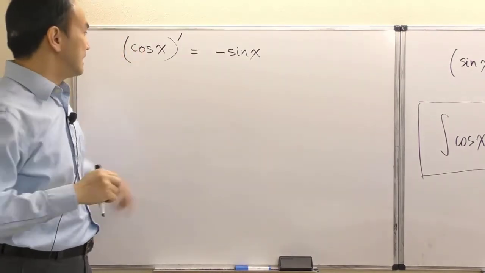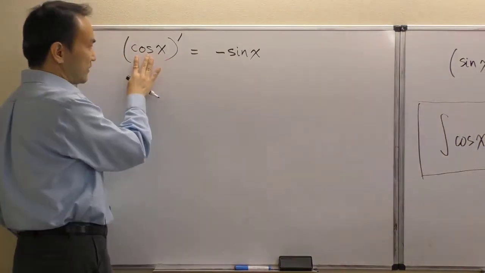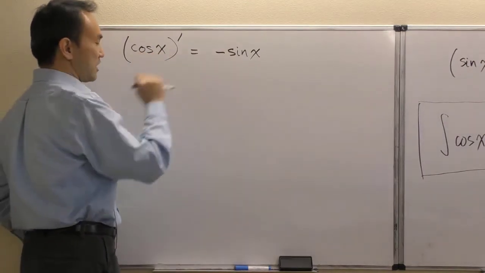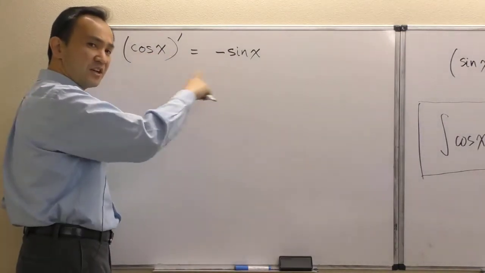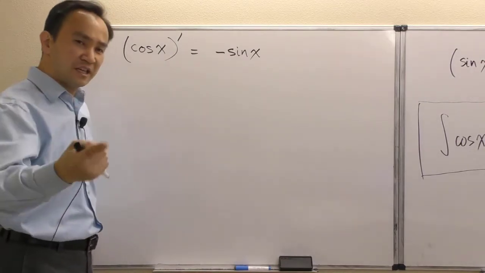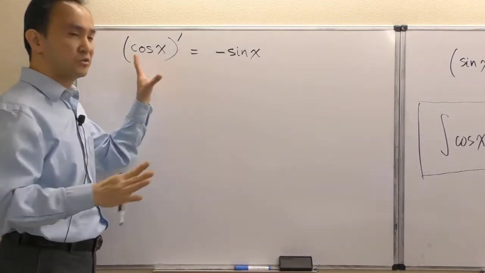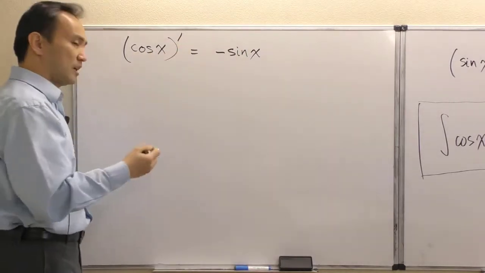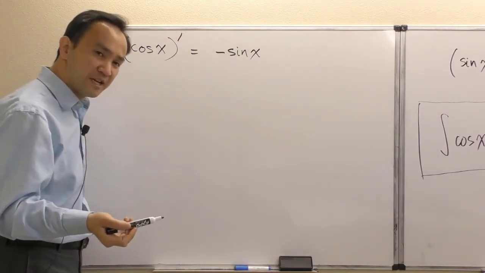Think about this. If the derivative of cosine of x is negative sine of x, then you can also extend this understanding of ours. And of course, at this point when you're learning about antiderivatives, you should be fluent with all of these properties in taking derivatives.